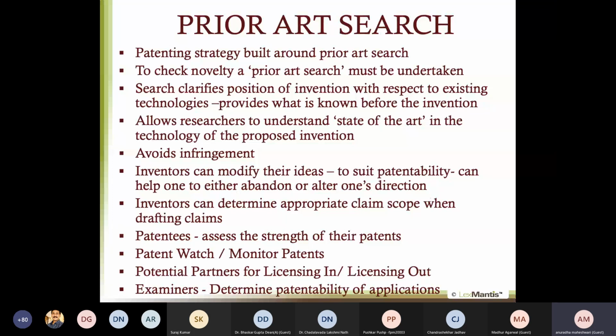So once he or she explains all this to us, we look at keywords, and we search the globe, we search the world for literature that we can find on this kind of invention. Which means we have to go into patent offices all over the world, look into their data. We have to look into all kinds of research publications, and we are able to figure out whether anything has been written on this kind of invention or not.